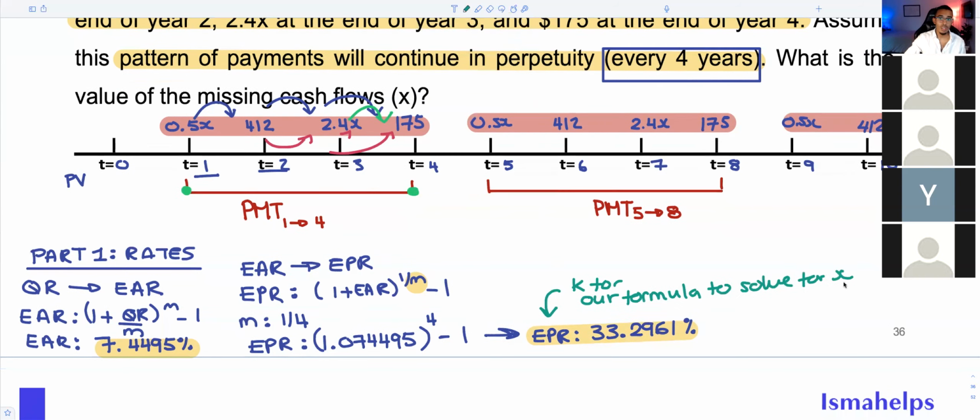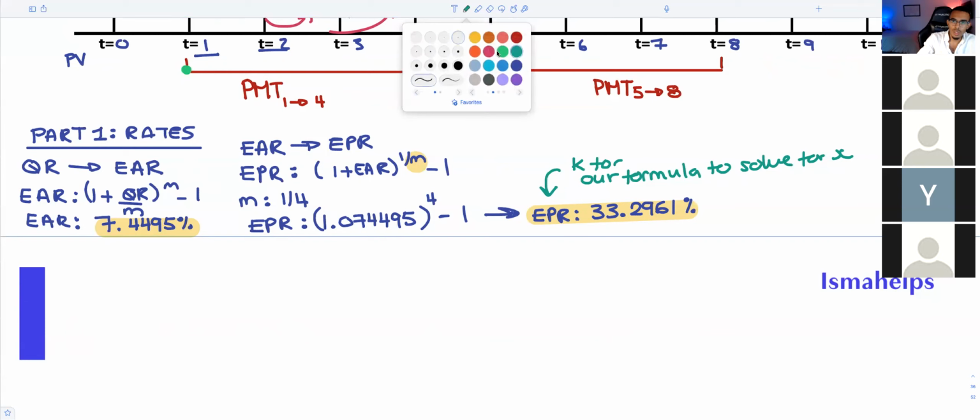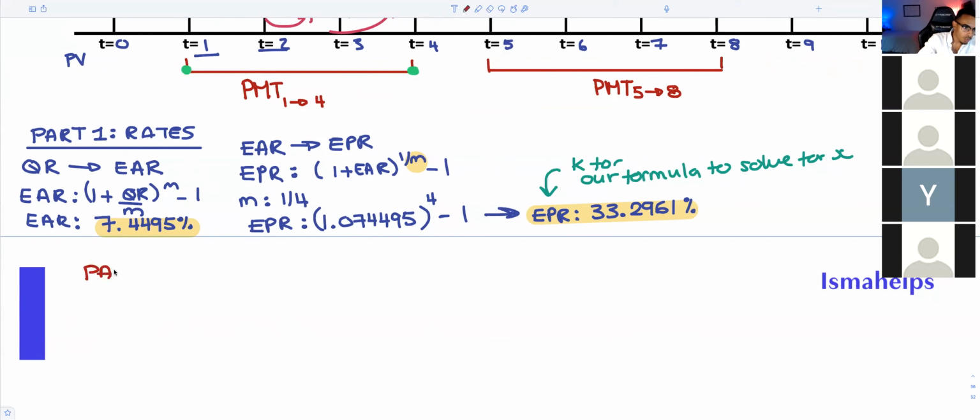Okay. Now, the last step before we start actually solving for X is just doubling down on our payment. It's very important for us to do this. So we could go here and we're going to say part 2 is our payment. Now, as I said, our payment essentially is a grouped payment of 4 years.